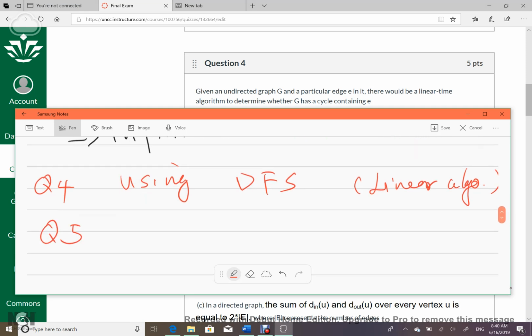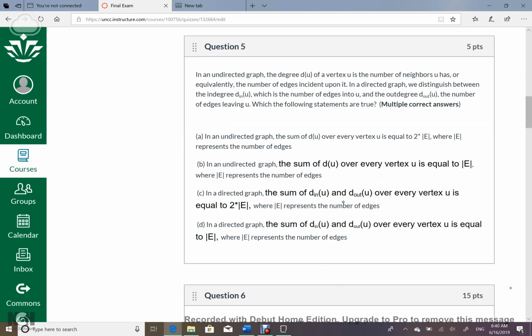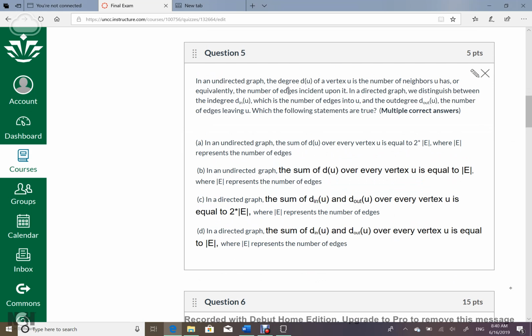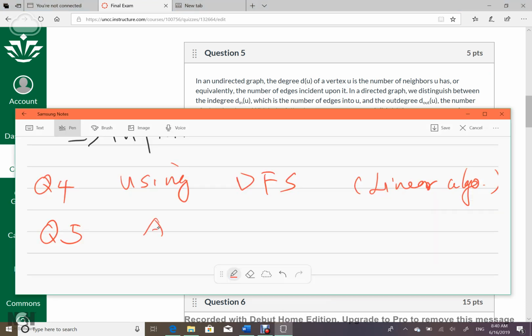Let's see question 5. In an undirected graph, the degree d_u of a vertex is the number of edges u has. Let's give an example, still using the same example.